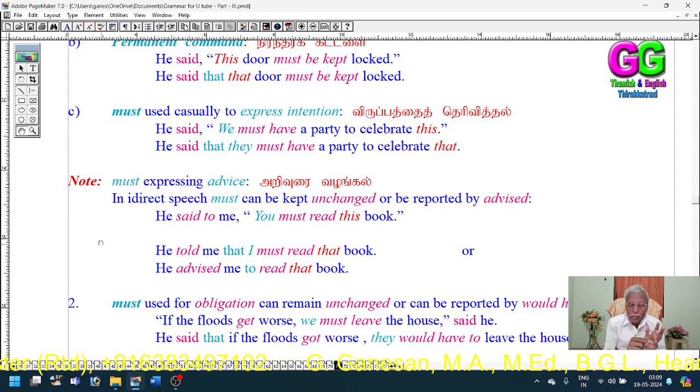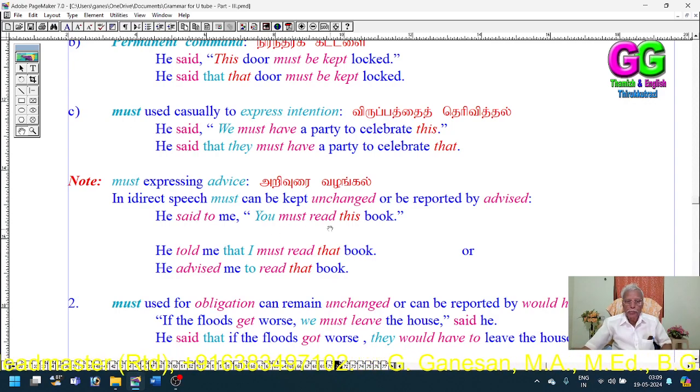That is, when must is used to express advice, must can be kept unchanged or can be replaced by the reporting word advised.